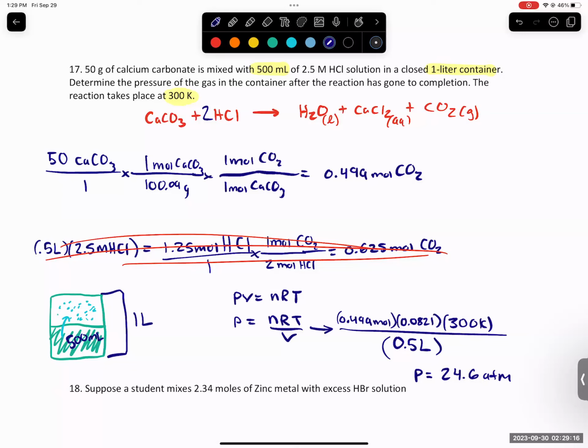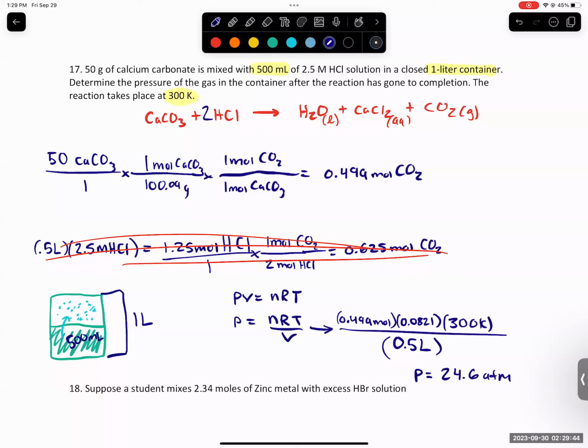Part of this was understanding that we needed to do a limiting reactant calculation. Like I always say, if there are 2 reactants and you're given the information of both of them, you need to calculate the limiting reactant. If there are 3 reactants and you're given the information for 2 of them and they say the other one's in excess, or maybe you're given the information for all 3 of them, you have to calculate the limiting reactant either way.